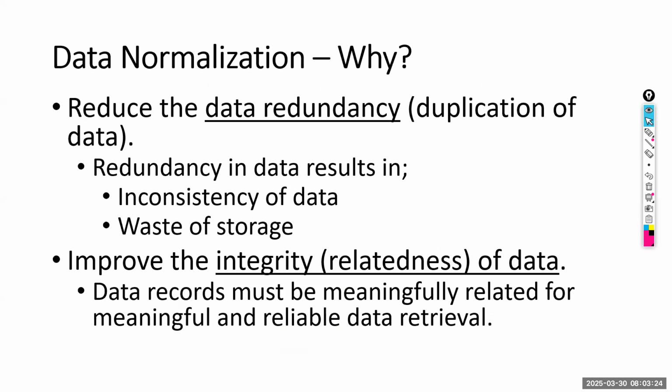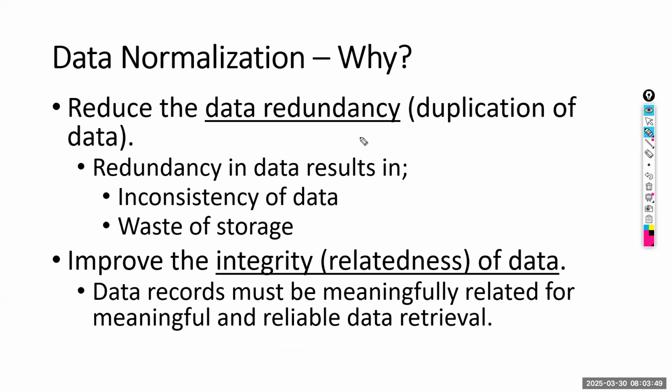So the objectives of data normalization: number one, reduce the data redundancy. Redundancy means duplicate. So we want to eliminate, or at least reduce, the same data appearing in different places. So different tables, same data. That is a headache.